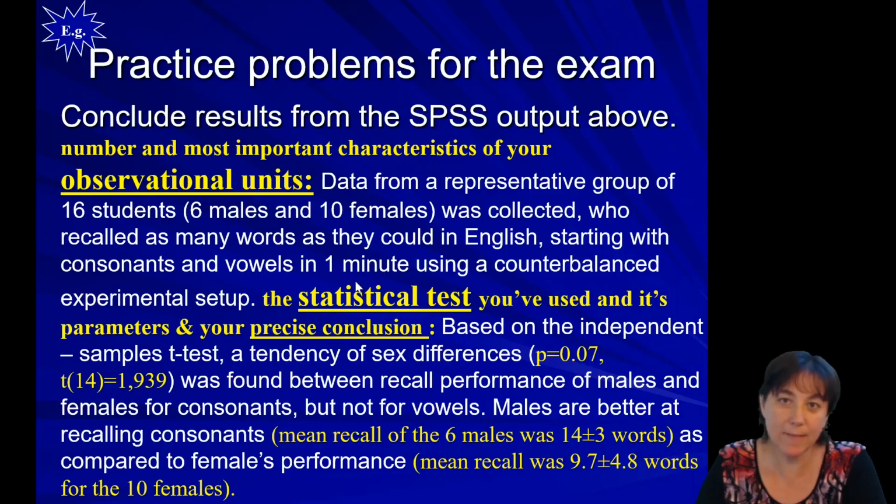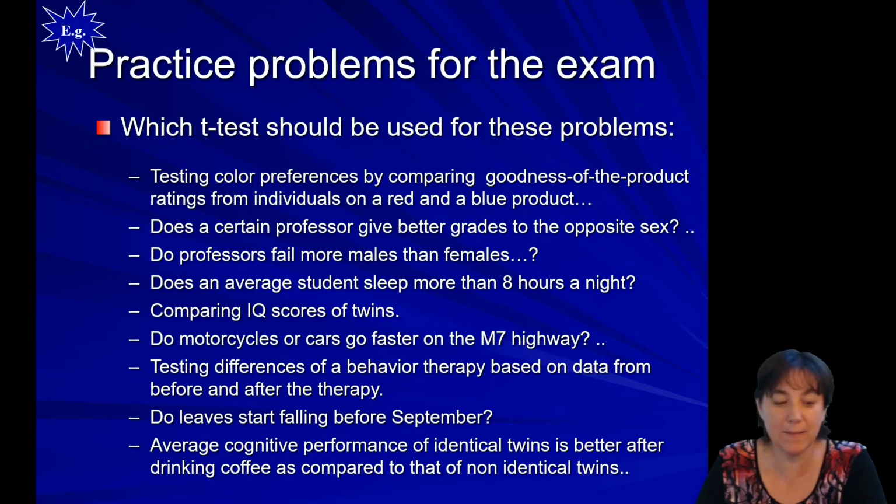First of all, state your observational units, then the statistical test, and then you can show that males are better at recalling consonants with some data as compared to females. And also, your homework is to conclude on the difference variable, and we can also discuss it.